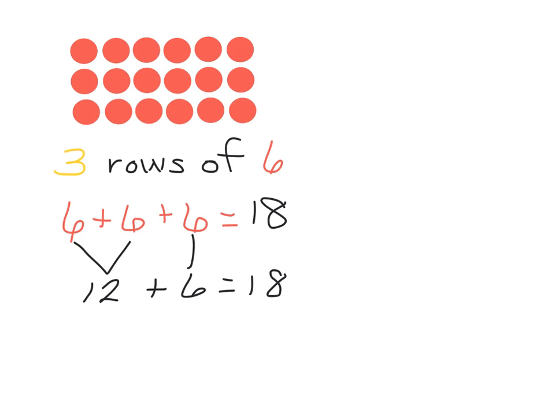This is called a repeated addition sentence. Why do you think that 6 plus 6 plus 6 equals 18 is called repeated addition? Well, remember, the number of circles in each row is equal, which happens to be 6. So the number 6 repeats. That's why it's called repeated addition.